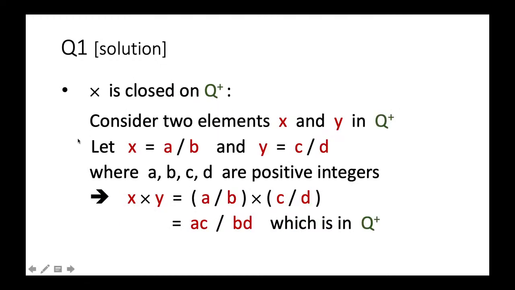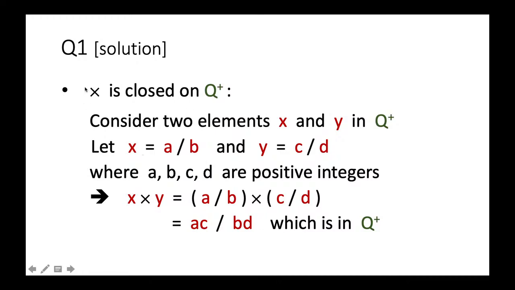To show that it is closed, it's easy. Suppose that we have any two elements x, y selected from this set. Because it is a positive rational number set, x can be expressed as the ratio of two positive integers, and similarly y is also a ratio of two positive integers. So we can assume a, b, c, d are all positive integers.